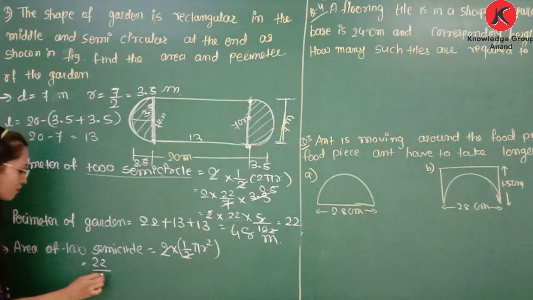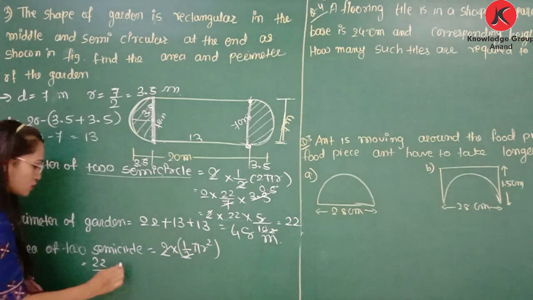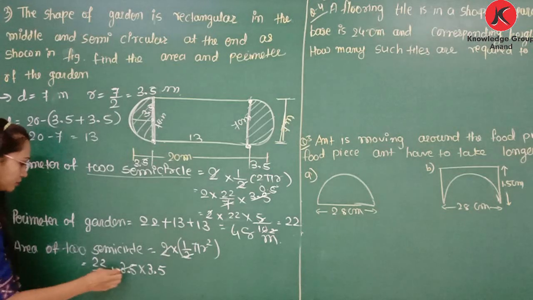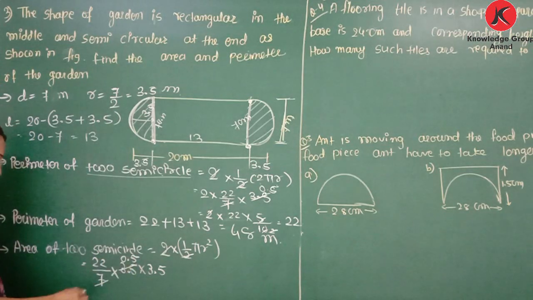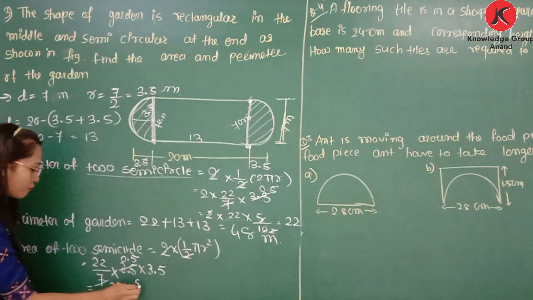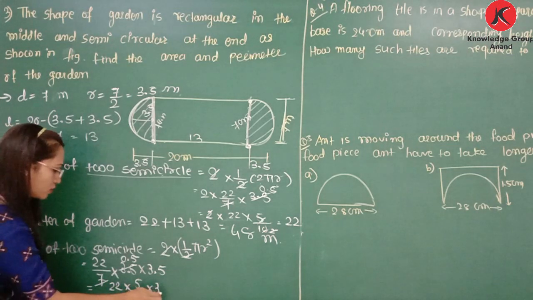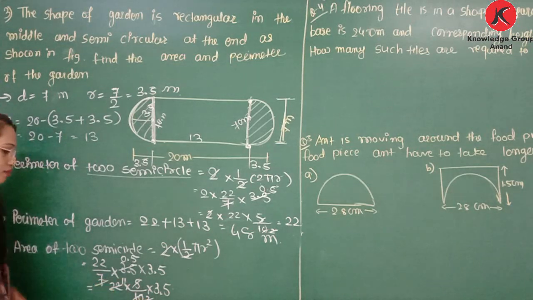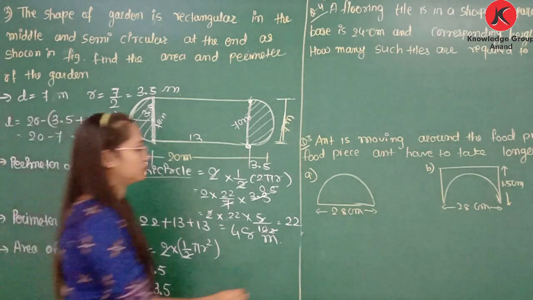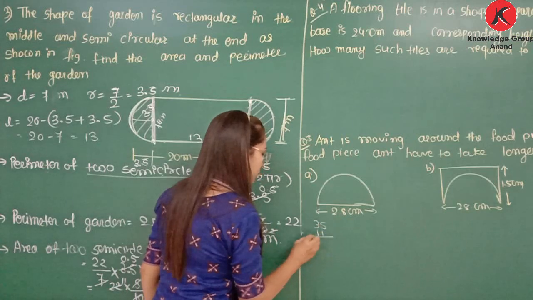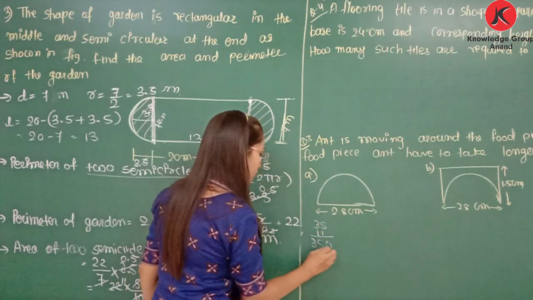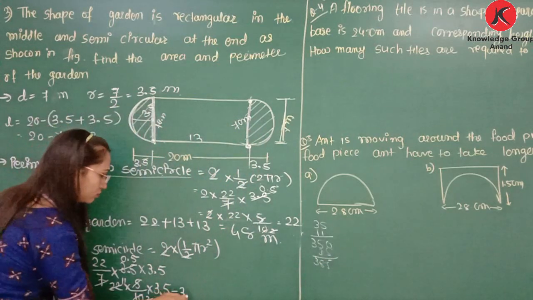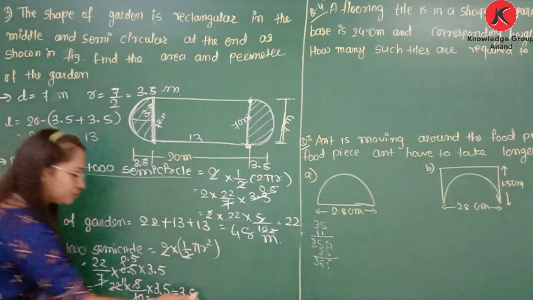So 22 by 7. Radius is what? 3.5 multiply 3.5. So we can write 22 multiply 5 by 10 multiply 35 by 10. So it is 38.5.